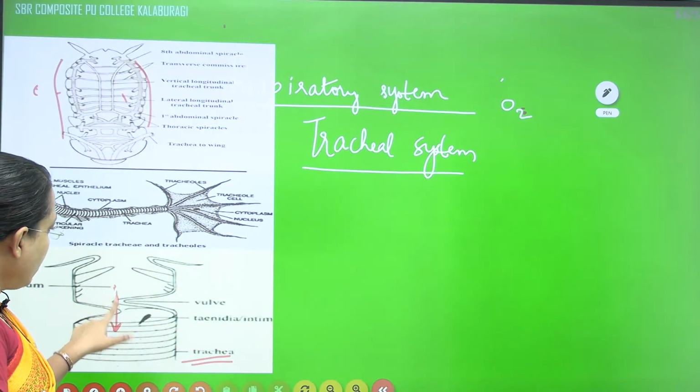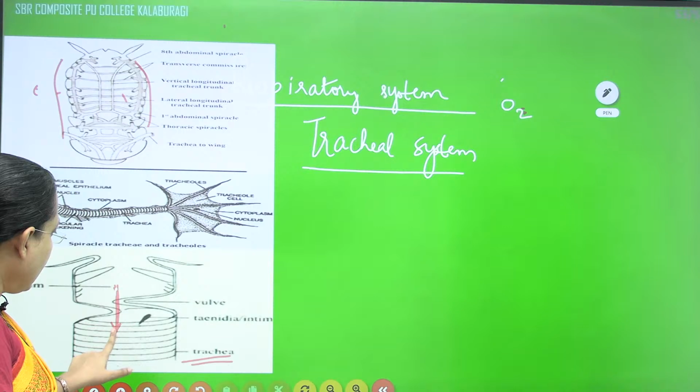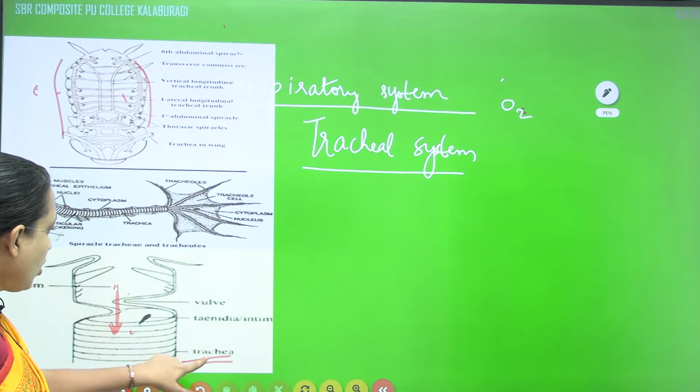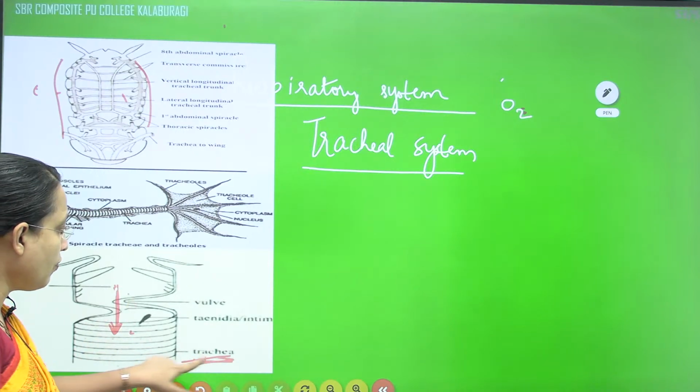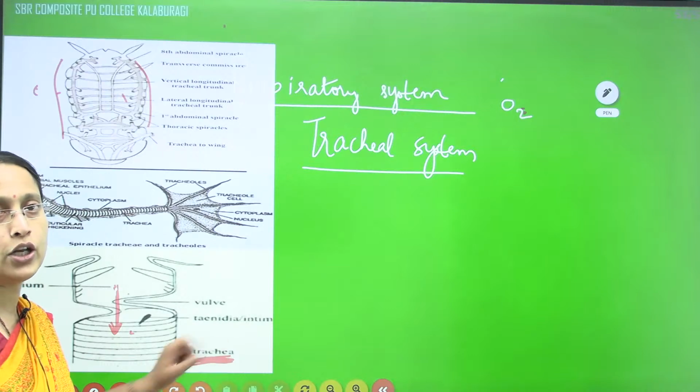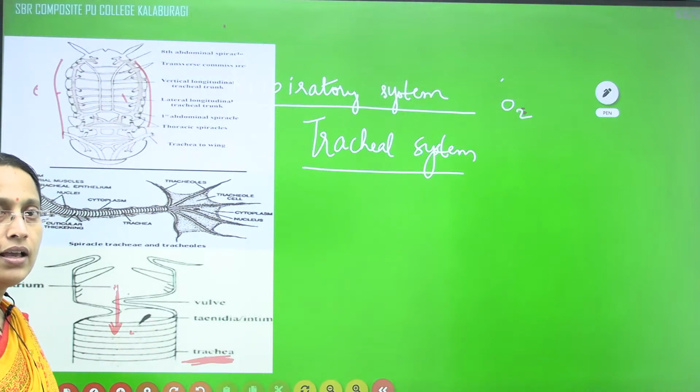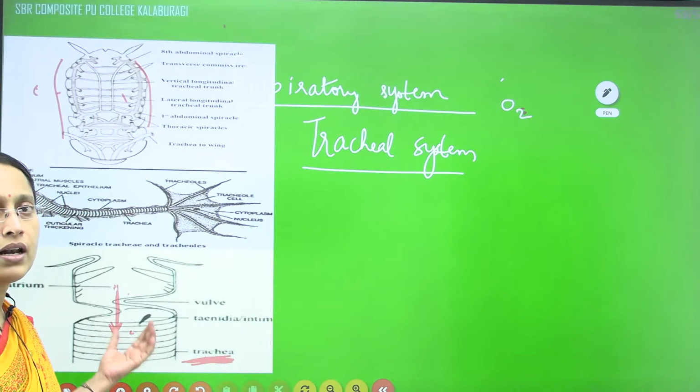Once the spiracle ends after the valve, there is the beginning of the system of air tubes called trachea. Compared to other smaller tubes, they are larger.